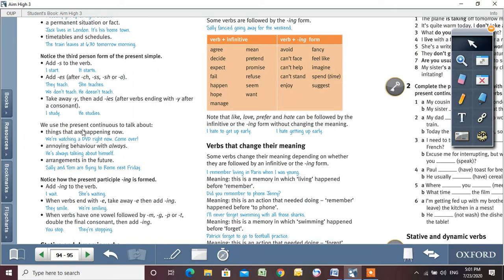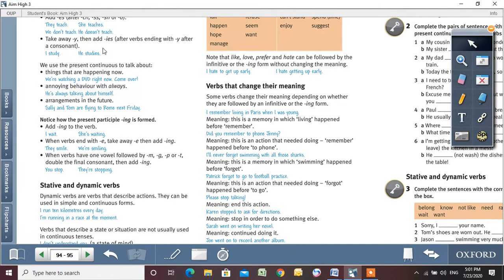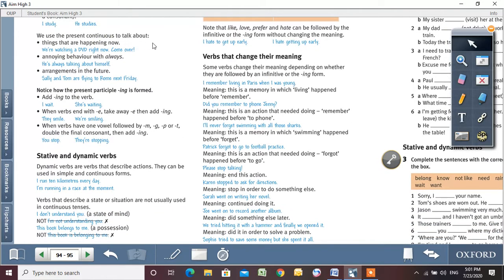We use the present continuous tense to talk about things that are happening now, or for actions that are happening at the moment of speaking. So for example, you can say, we are watching a DVD right now. Come over. Come with us and watch. So for things or actions that are happening now. Another example, you can say, the baby is sleeping, so don't make noise.